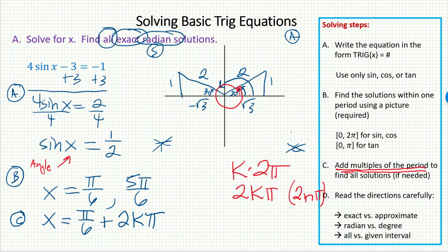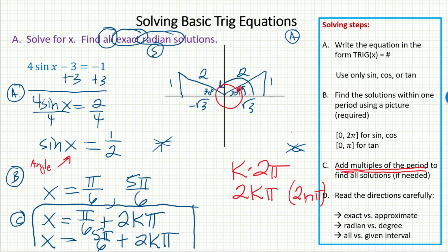You can add or subtract any multiple of 2 pi and you'll get another answer. The other group of answers would be the 5 pi over 6 answer plus multiples of 2 pi. This statement then, what's in this box, represents all the infinite solutions that exist to this equation. And so this would be my final answer.